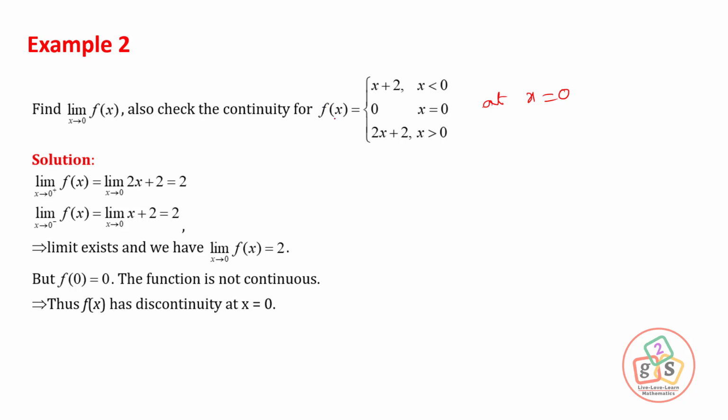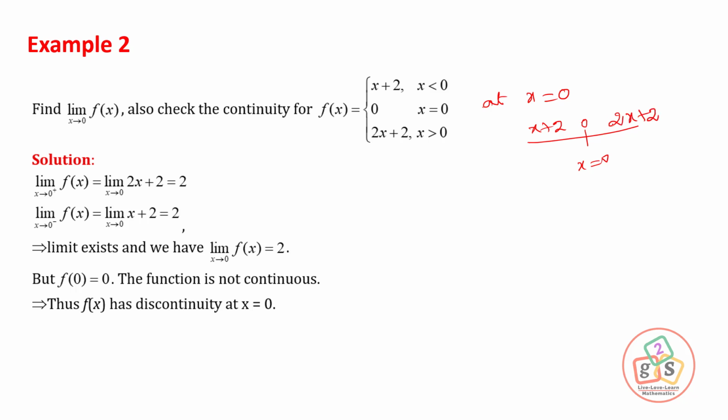So here the given function is: if x is less than 0, the function is x plus 2; at x is equivalent to 0, the function value is 0; and if x is greater than 0, the function is 2x plus 2.